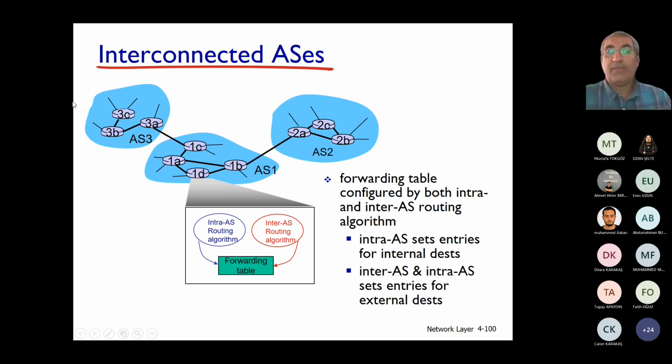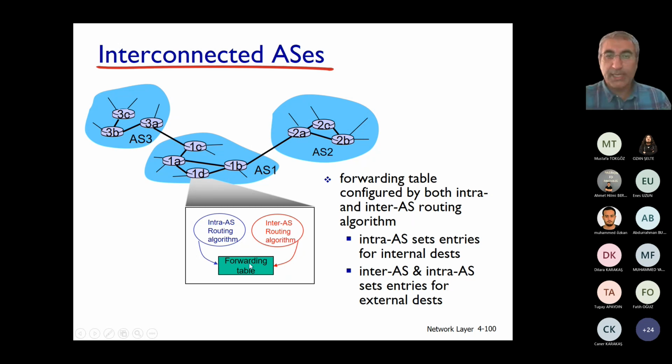Let's say we have 3 ASs: AS1, AS2, and AS3, with some routers in each region. AS1 has 4 routers: 1A, 1B, 1C, 1D. AS2 has 3 routers: 2A, 2B, 2C, and AS3 has 3 routers: 3A, 3B, 3C.